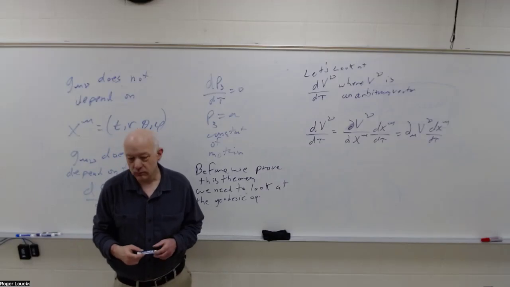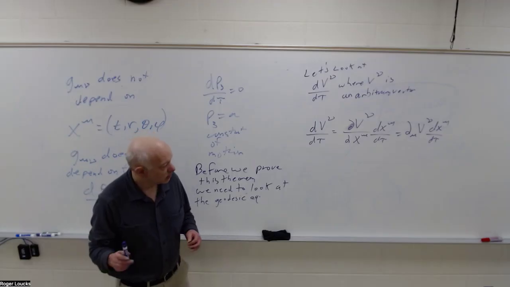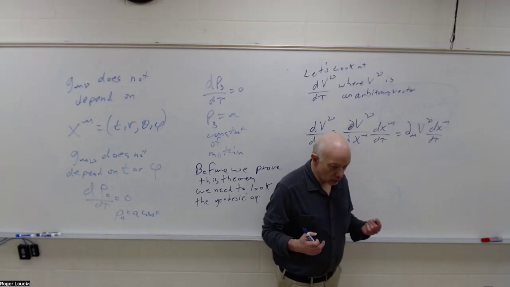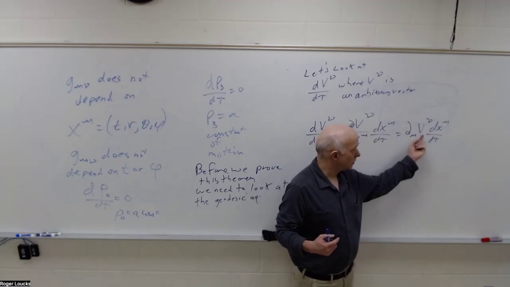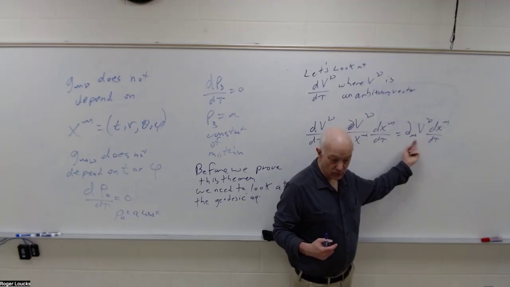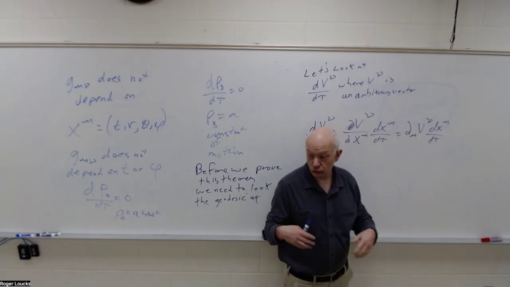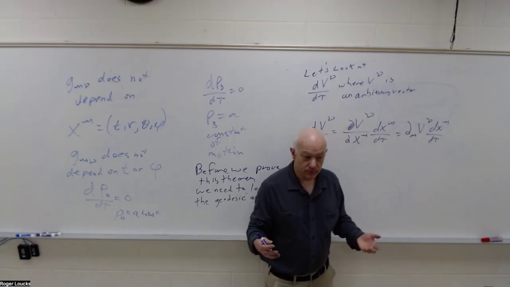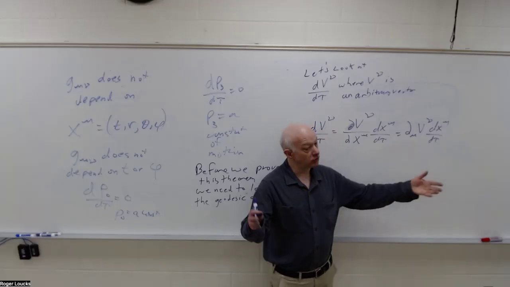A manifold is locally flat. So this is fine if I'm in a locally flat space, right? But I know that this combination right here doesn't have good tensorial properties. It doesn't transform properly. But hey, if this is true in my little area here that's flat, what must be true in general?